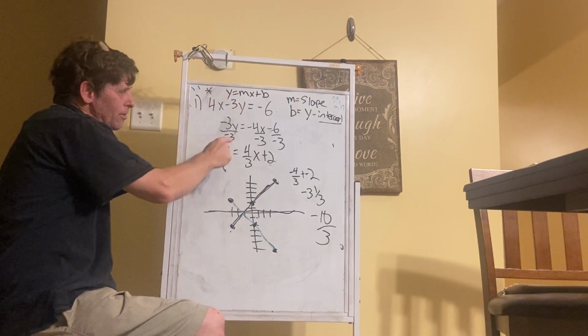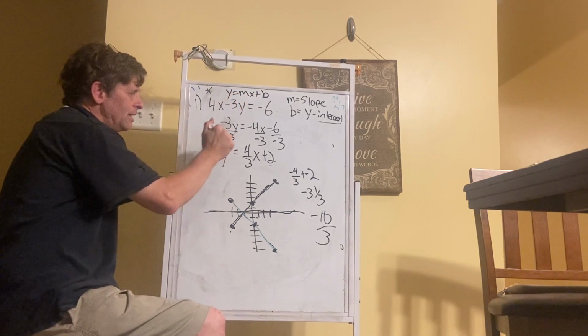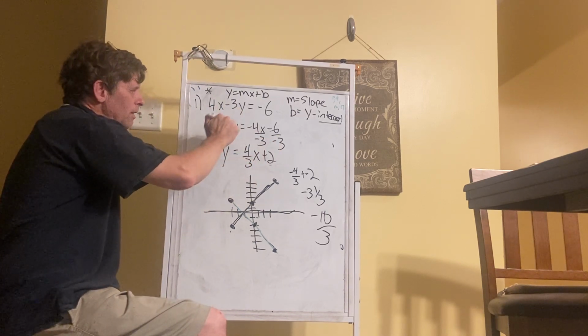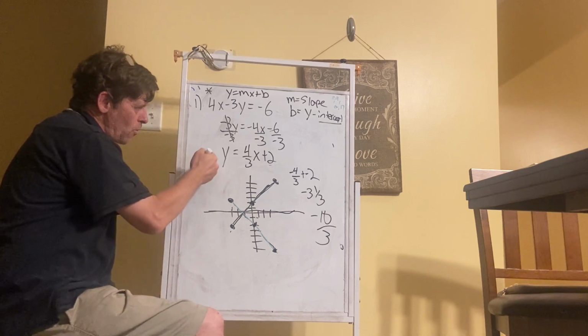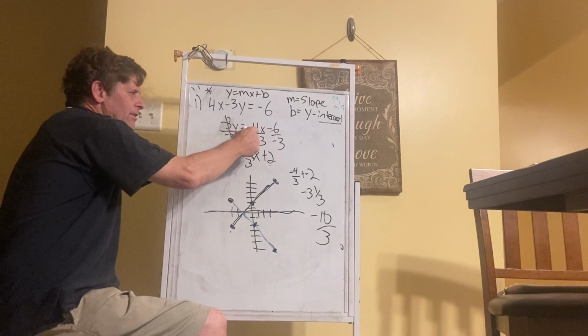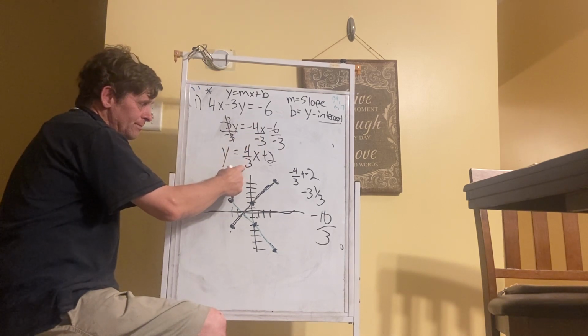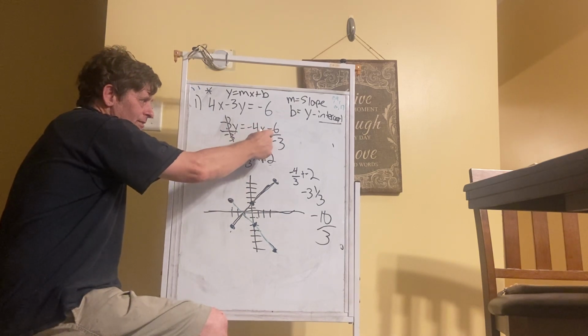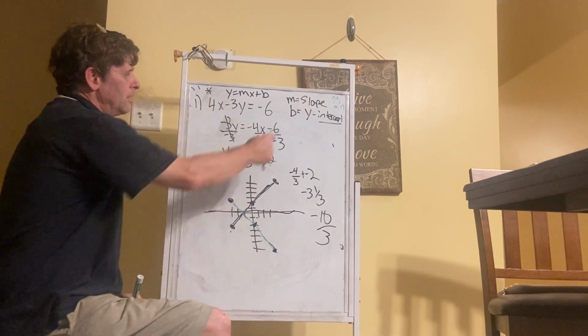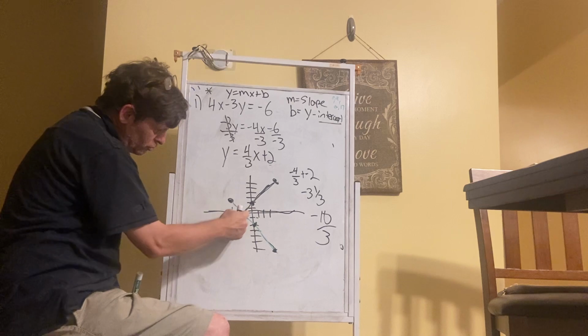There's a y here, it's times -3, so we've got to divide everybody by -3 to get the y alone. That cancels that out, and now the y is alone, but everybody got divided by -3. A negative divided by negative is positive. -6 divided by -3 is +2. So in this special formula, b, the y-intercept, is 2.